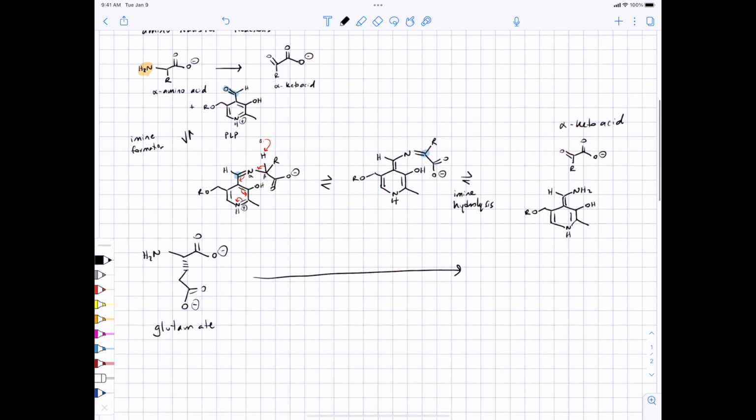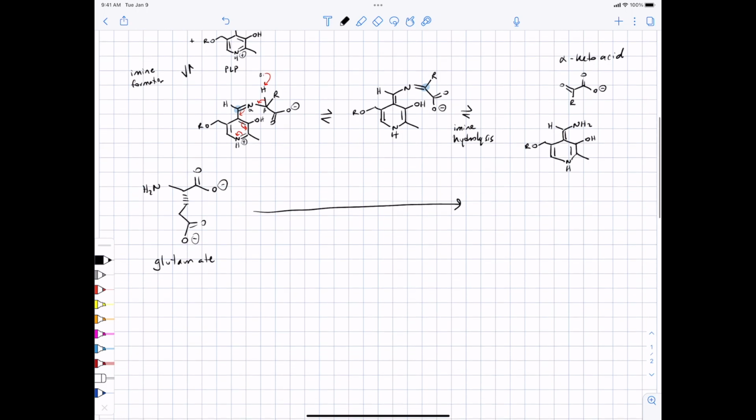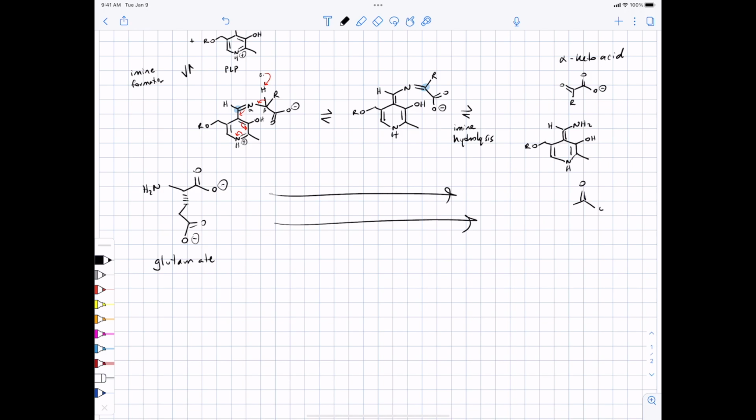And you can do this same approach with pyridoxal phosphate, the above reaction, to convert glutamate into alpha ketoglutarate. And you may recognize this as being an intermediate in what?